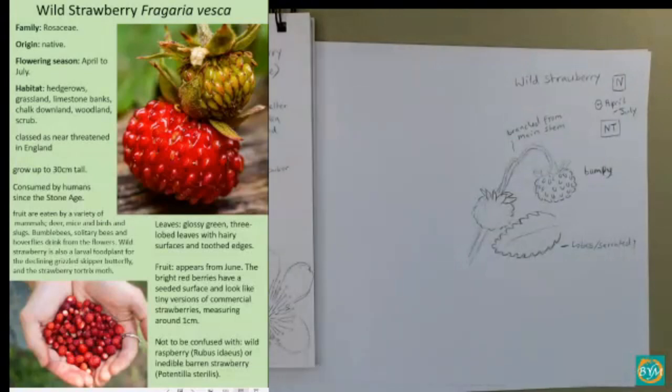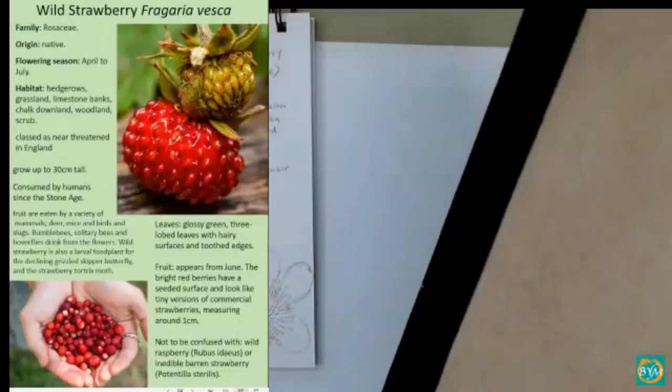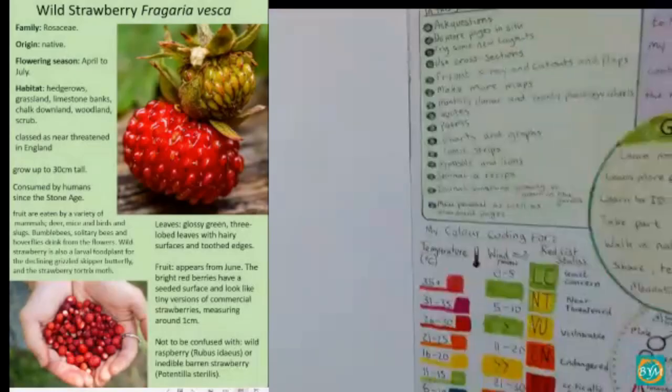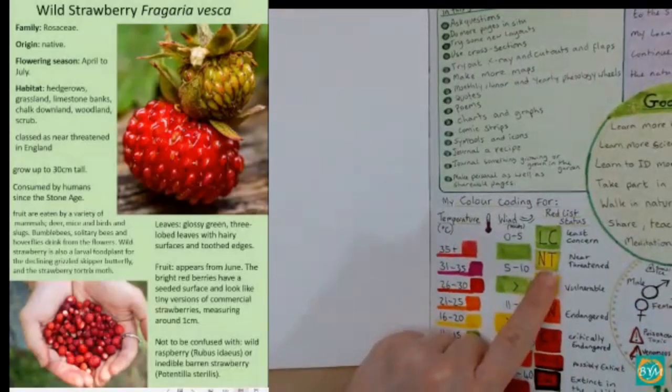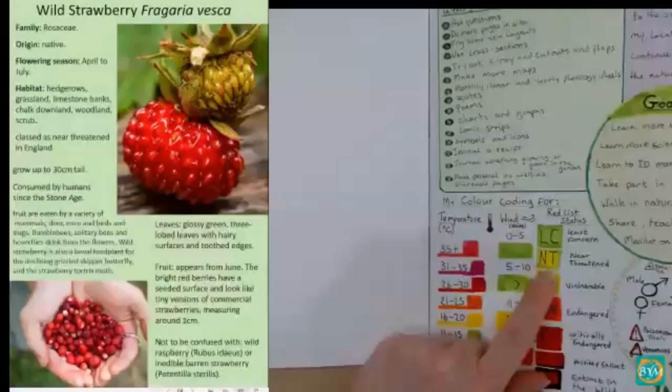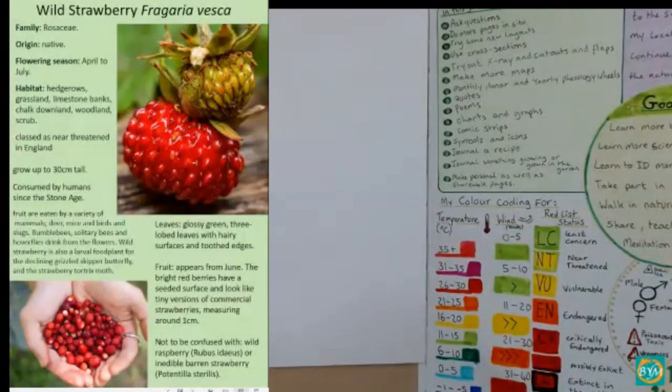I also use color coding, but I can't remember what color I use for near threatened, so let's look it up in my journal. I think, yeah, okay. This is the one I had to keep thinking about. I'm using yellow, but with green surrounding it. So that's why I couldn't remember, because it's two colors.